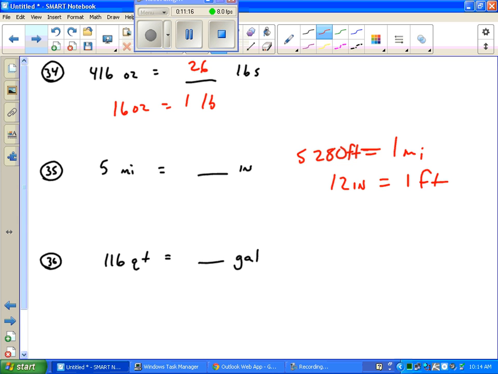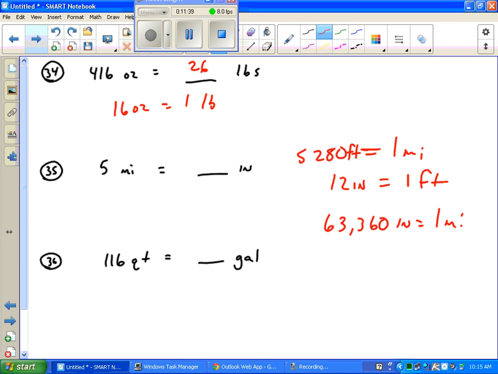So 5,280 times 12 is 63,360. So there are 63,360 inches in every 1 mile.